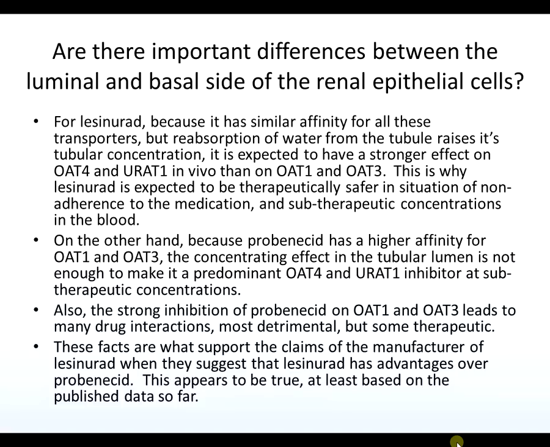Now, Probenecid has a much higher affinity, about 10 times higher, for OAT1 and OAT3. So even though Probenecid also gets concentrated in the proximal tubular lumen, because its affinity for OAT1 and OAT3 is so high, it still does not have a dominant effect on OAT4 and Urate 1.